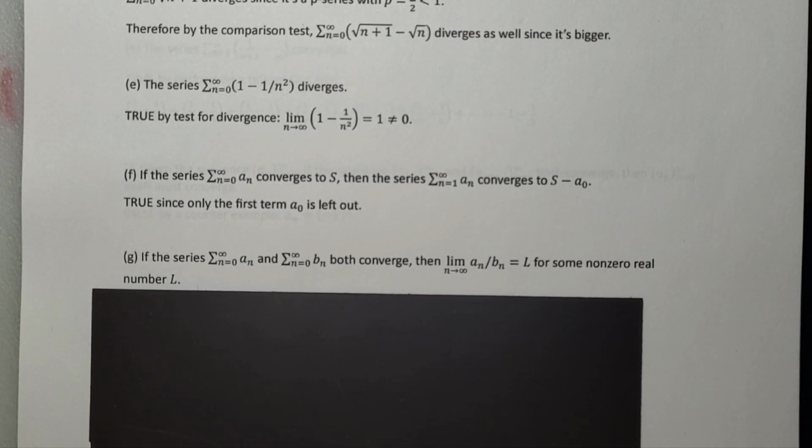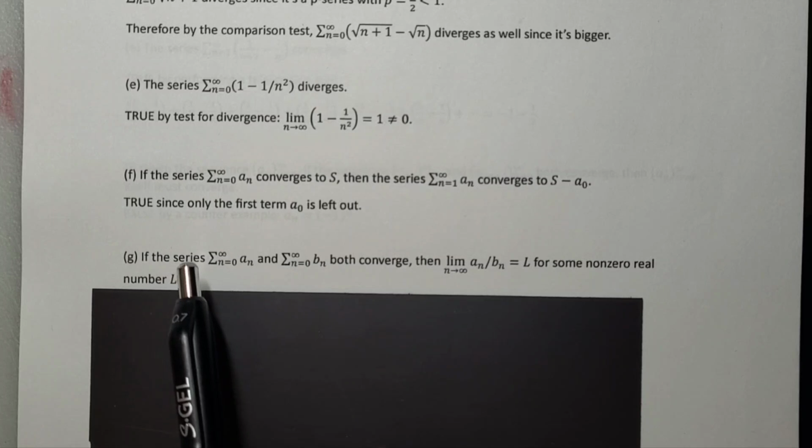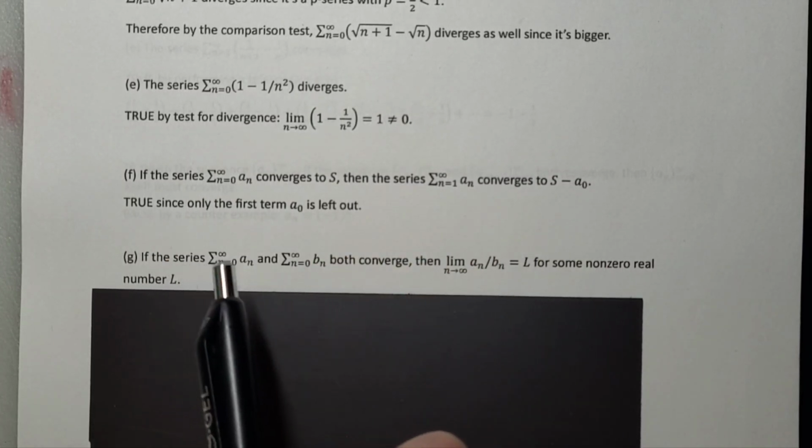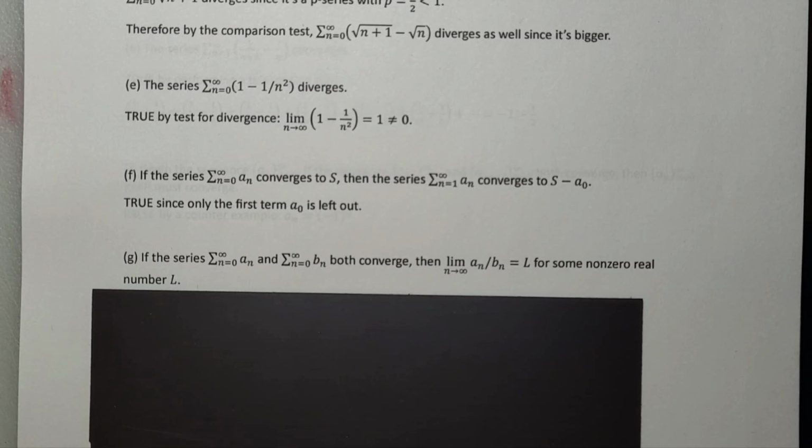Why is that? The limit comparison test says if this limit condition holds, then both diverge or both converge. This flipped the condition and the conclusion.